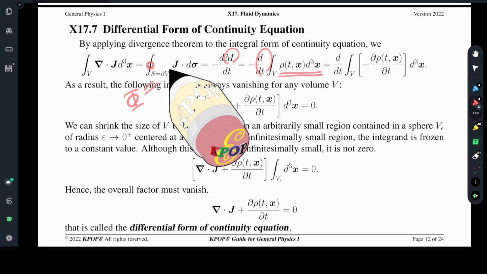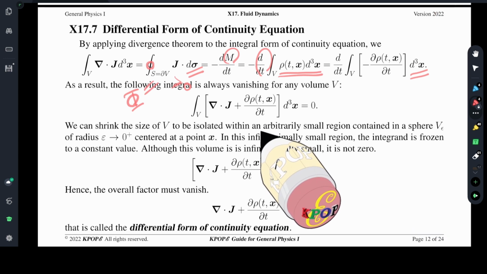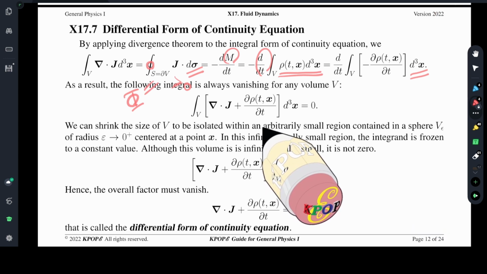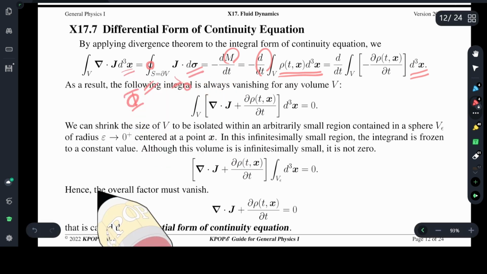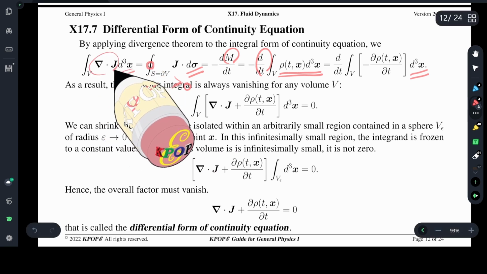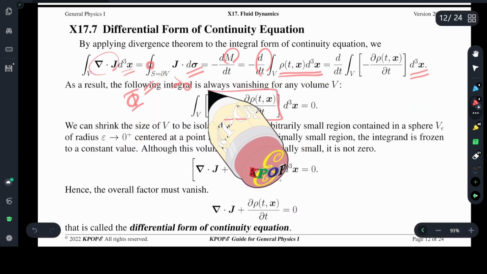However, it is a surface integral and a volume integral. Fortunately, we are now able to replace this surface integral with a volume integral by using the divergence theorem. So it is divergence of J. So if I combine both of them, it's like that.